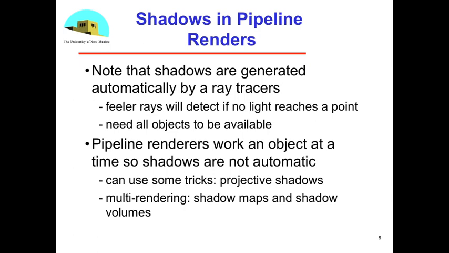That's why they're called feeler rays. They're feeling for the light. But in order to do that, because those feeler rays might intersect something, we need all objects to be available, and this is precisely what we don't have with a pipeline renderer, where we're rendering one object at a time, one polygon at a time, and we don't have the others available. That's one of the benefits of it. In fact, we don't even know in general if we're rendering them in the same order every time.